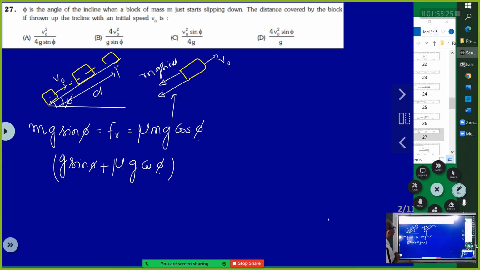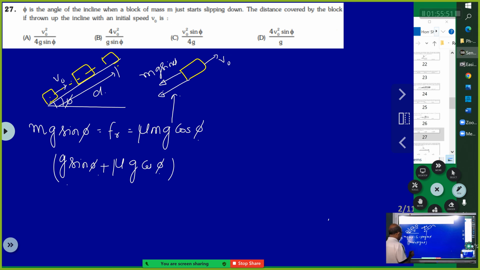If thrown up the incline, it means you have pushed it like this. You have put everybody into confusion. If they say thrown up at an angle, they should give you the angle at which they have thrown, theta also.